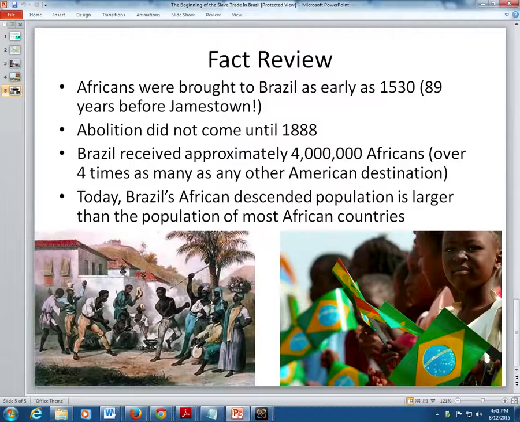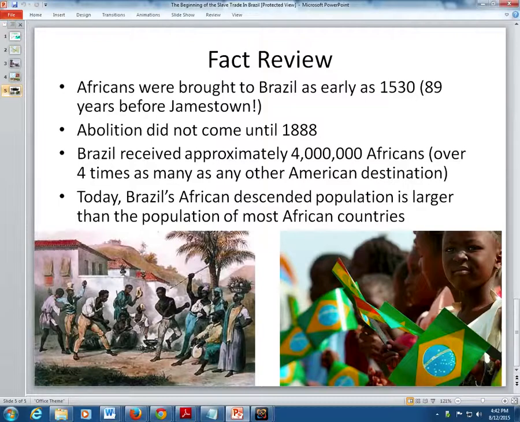And Brazil received approximately 4 million Africans, over 4 times as many as any other American destination. And today, Brazil's African descended population is larger than the population of most African countries.